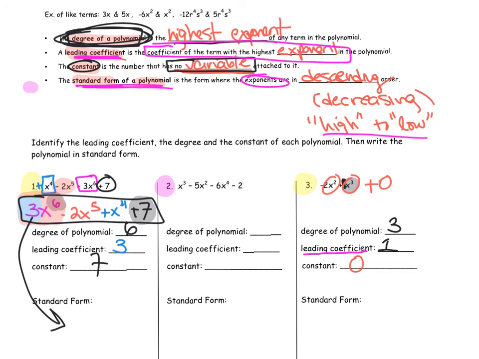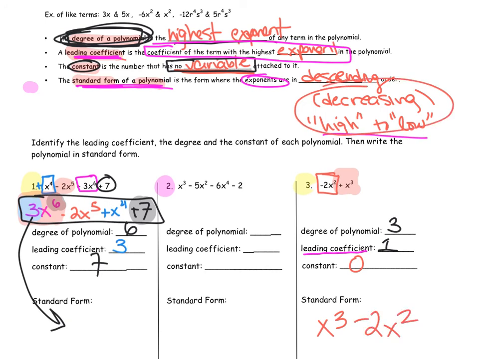And now if I were to rewrite this in standard form, remember, the term with the highest exponent has to come first, which is this x cubed. So our x cubed will be first, followed by the rest in descending order from highest to lowest. So that is how we would write this in standard form.